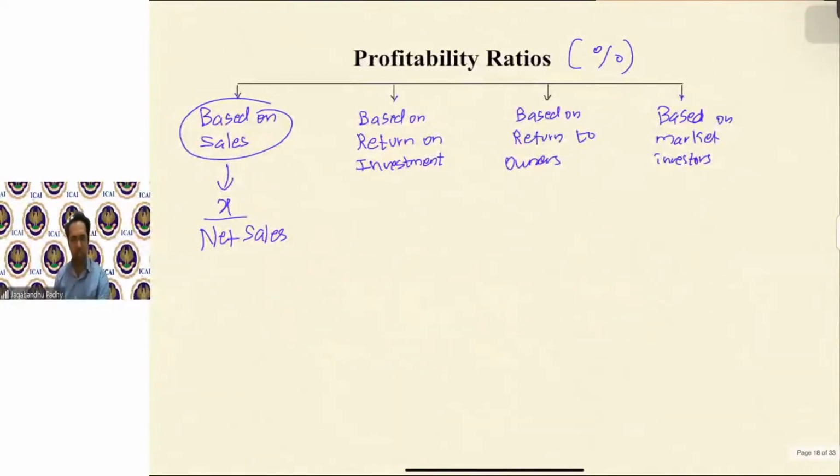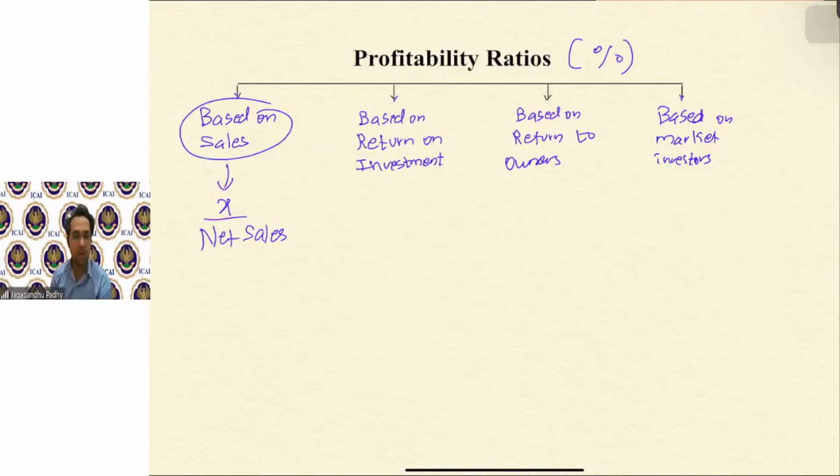Then profitability ratios. We had certain ratios which are based on sales, that is, all those measures are basically fixed upon net sales into 100, with different numerators, right?